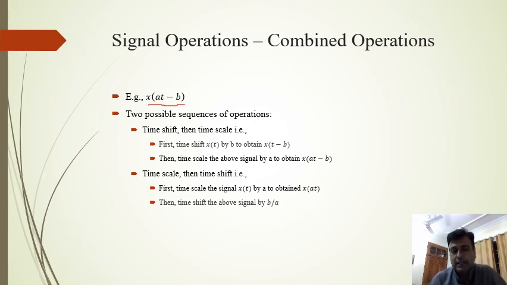Here we have to perform two operations. One is to generate x of at from x of t, which is the scaled version of the original signal; that is time scaling. The second operation is shifting. The signal you get from x of t to x of at, you then have to shift with an amount b. So you have to perform two operations.